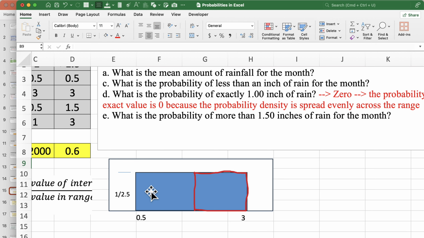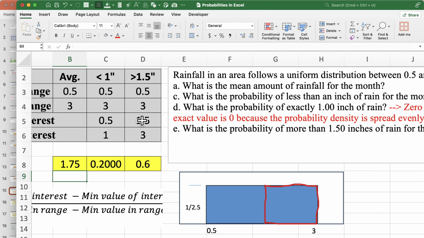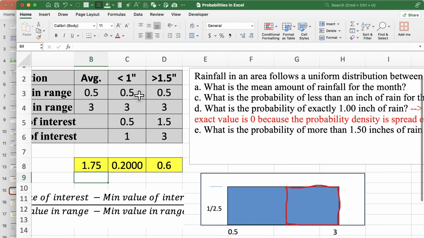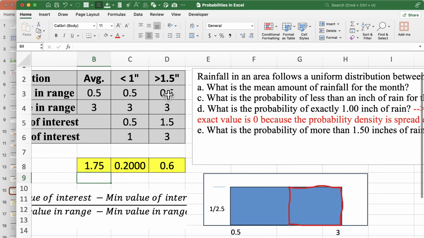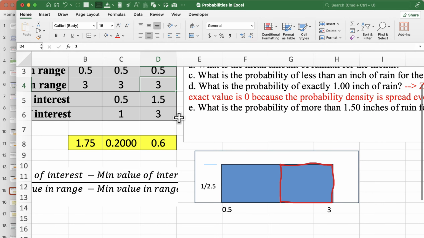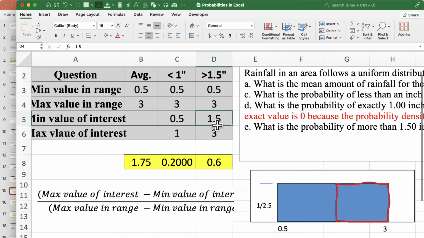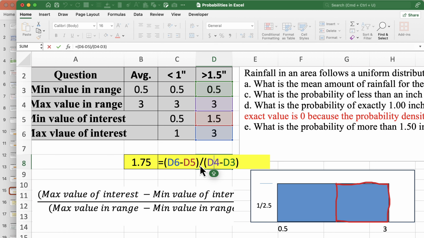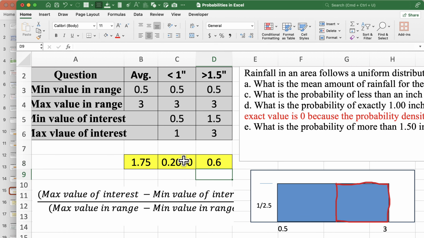And for that purpose, we can use this template whereby our minimum in the range, we know that's 0.5, maximum is 3, that's given, 0.5 and 3, and then these are the values of our interest. Our interest is in 1.5, that's 1.5, and the maximum is 3. If we use this formula, that gives us probability of 60%. So which means the area of this one is 60% or 0.6.